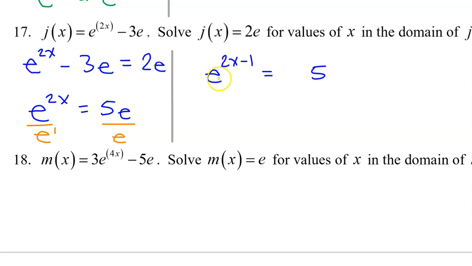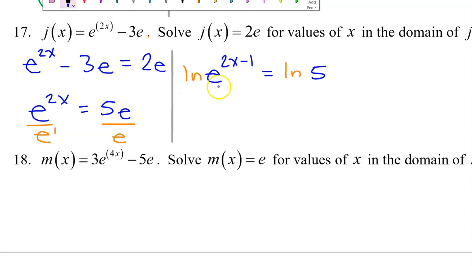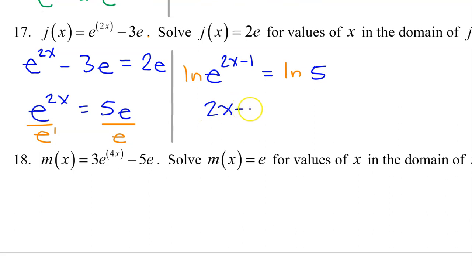I can now get rid of the base e by taking the natural log of both sides of the equation. On the left-hand side, the natural log and the base e will cancel each other out, leaving behind the 2x minus 1. On the right-hand side, we are stuck with natural log 5. So now we just have to do some algebra.